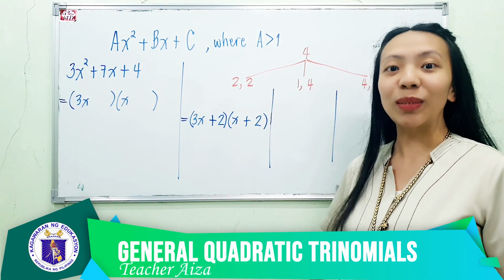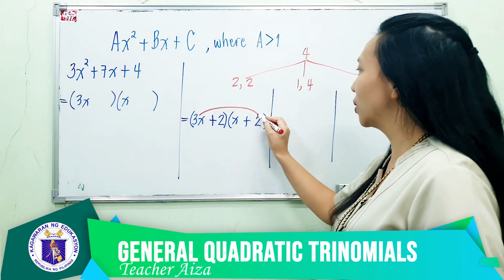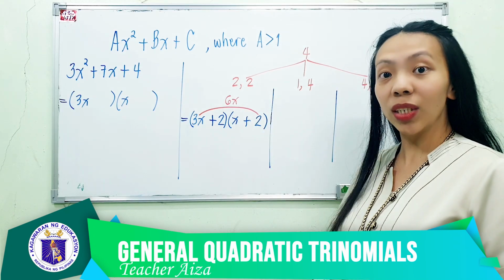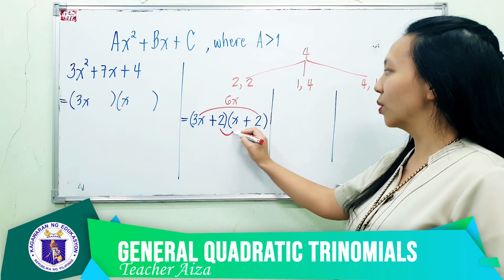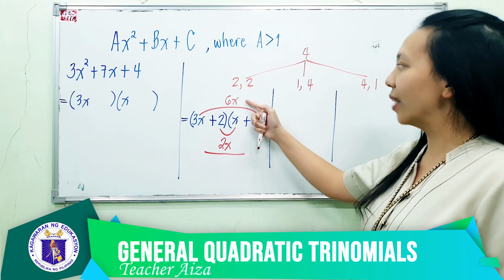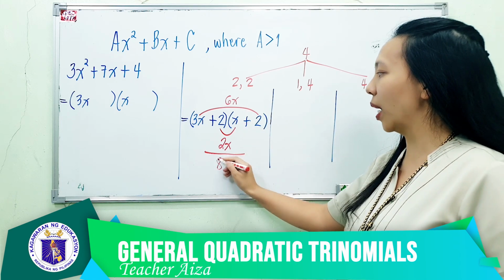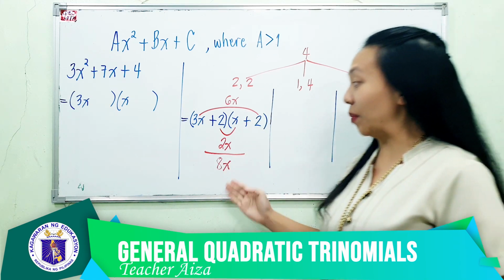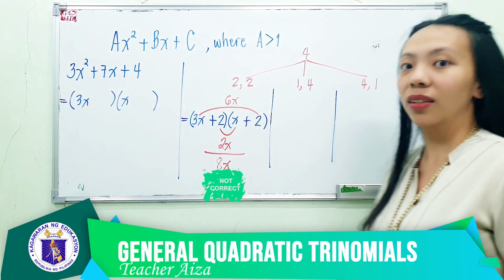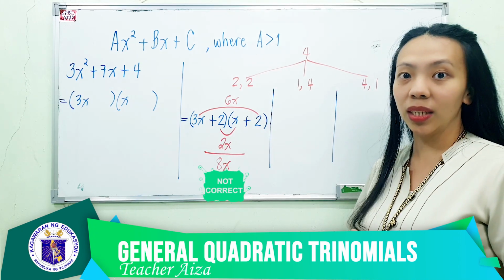Next, let us multiply the outer terms together. 3x times 2 is 6x. And the inner terms together. 2 times x is 2x. And then add the results. 6x plus 2x is equal to 8x. Is the middle term 8x? No, it is not. Therefore, this is not the correct combination.